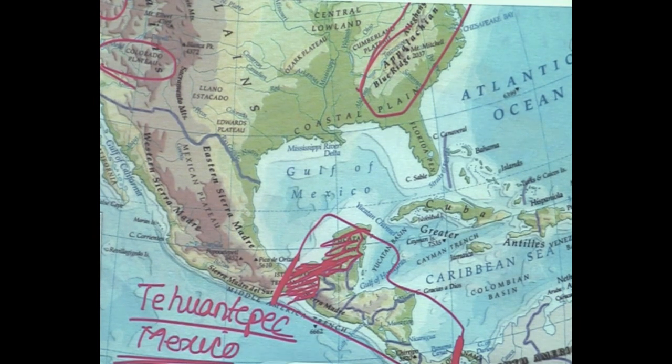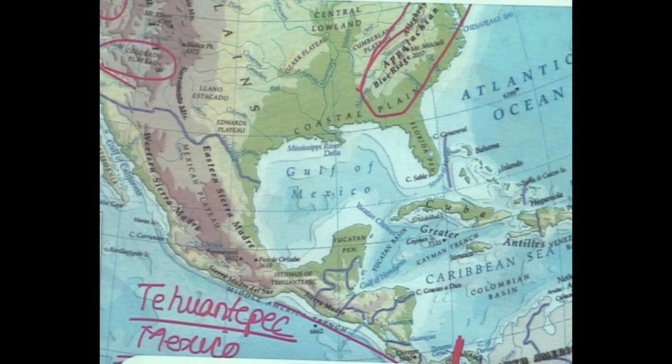So from the Isthmus of Tehuantepec to the Isthmus of Panama, I have got Central America, mainland. The Isthmus of Panama no longer exists. The Panama Canal has been dragged there, and Tehuantepec is right there, interconnecting what is called Central America with North America.